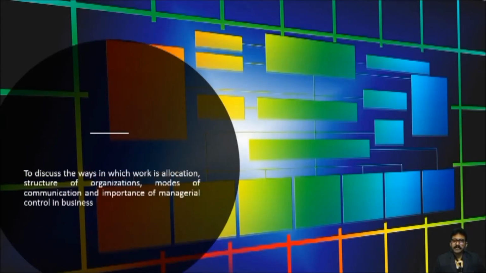The next objective of this subject is to discuss the ways in which work is allocated, the structure of organizations, modes of communication, and the importance of managerial control in business.